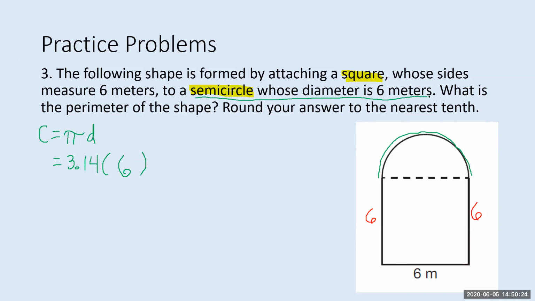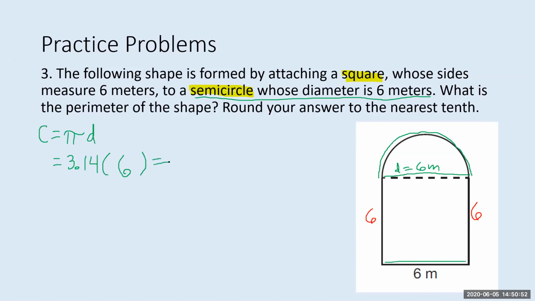We could actually also tell that just from looking at the picture. So we can see here that this measurement across the shape is 6 meters. That means the measure across the semicircle, the diameter, is going to be 6 meters.